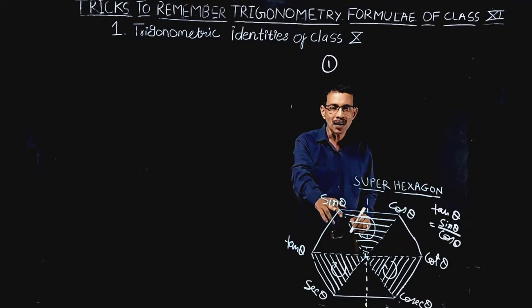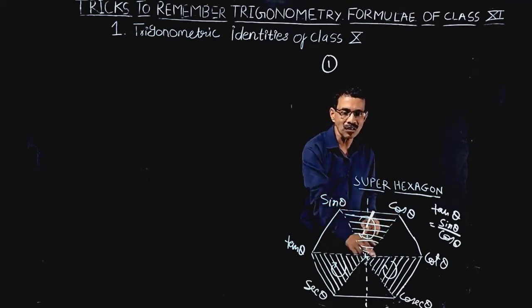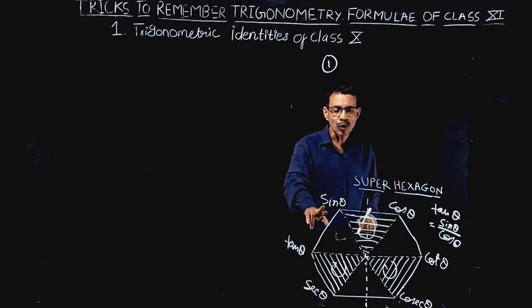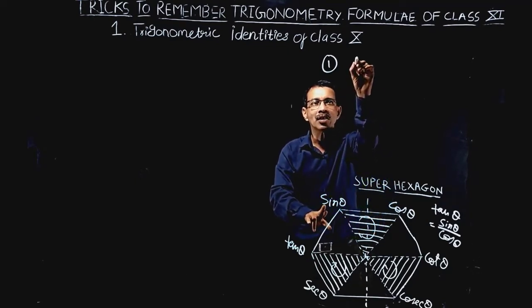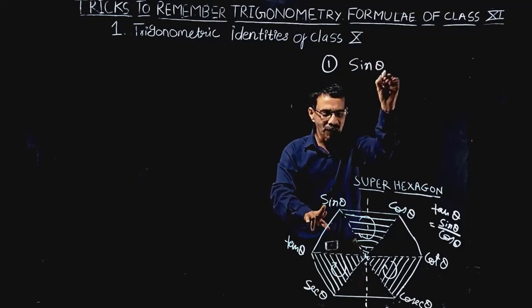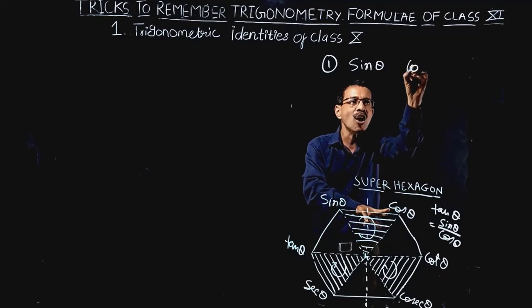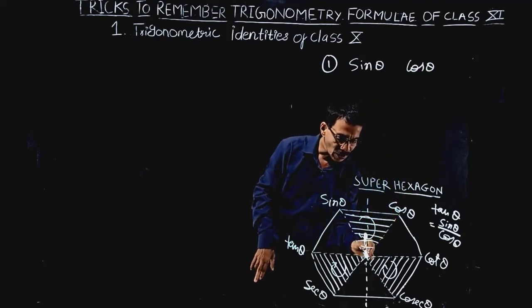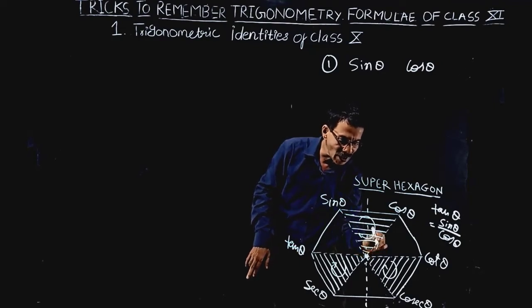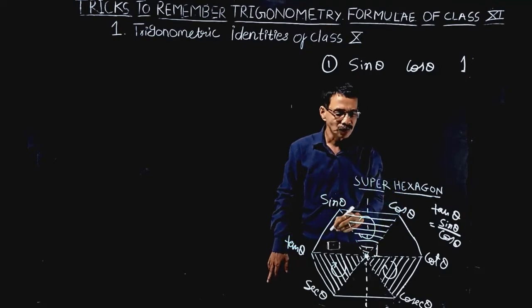So let us remember one trigonometric identity, the first one, by using this first triangle. I will start from left, and on the left hand side I have got the vertex named sin of theta. Move in the clockwise direction. Next is cos of theta, and the third vertex where all these lines join, let me name this as equal to 1. And so the third vertex is 1.